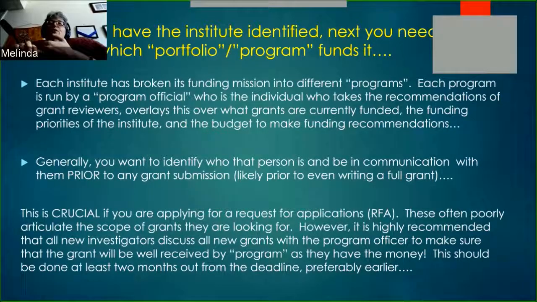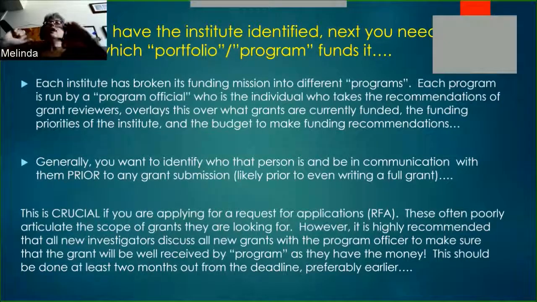This is the person who maps the grants submitted and the reviews onto the money and makes the real recommendations about whether an individual grant is going to be funded.